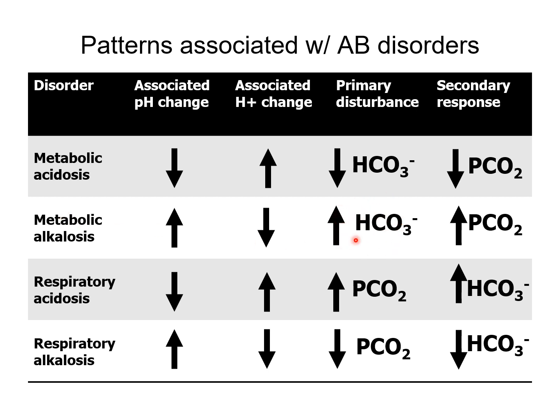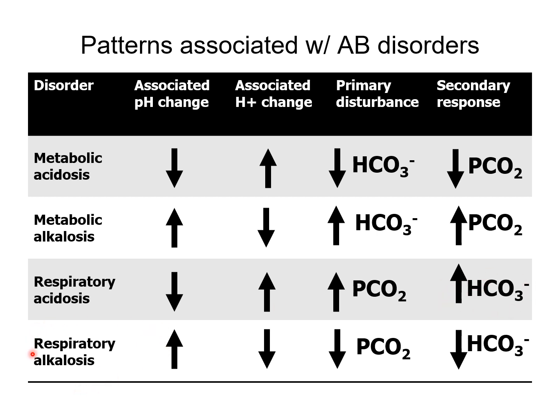There is an increase in the bicarbonate or the base, and the lungs would tend to compensate by increasing the PCO2. For respiratory acidosis, the primary disturbance is on the lungs. There is an increase in the level of the PCO2, and the kidney would tend to compensate by retaining bicarbonate.